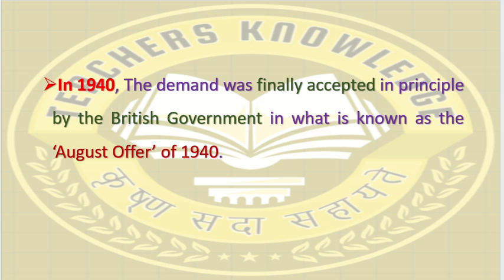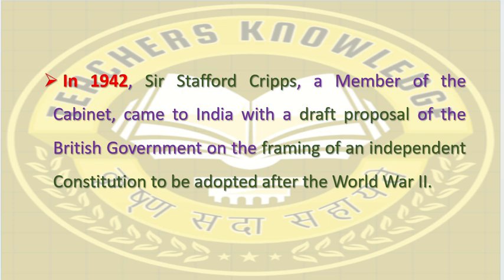Okay. Then in 1942, Sir Stafford Cripps, a member of the cabinet, came to India with a draft proposal of the British government on the framing of an independent constitution to be adopted after World War II.